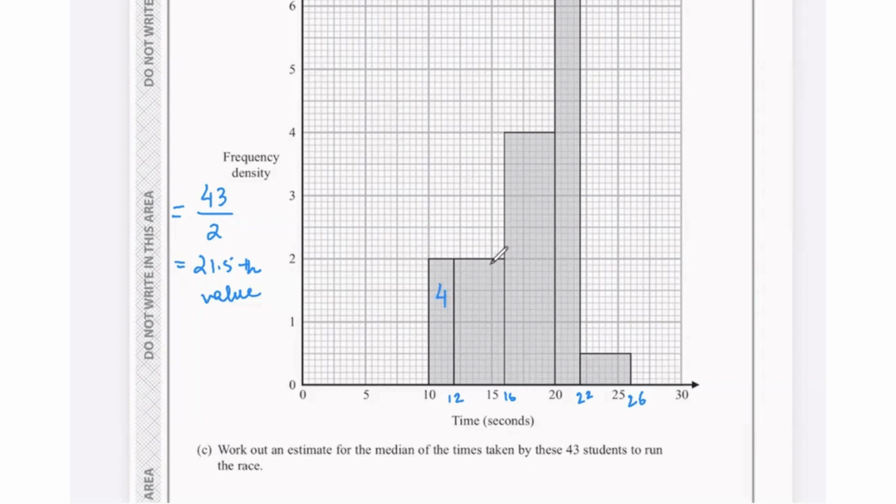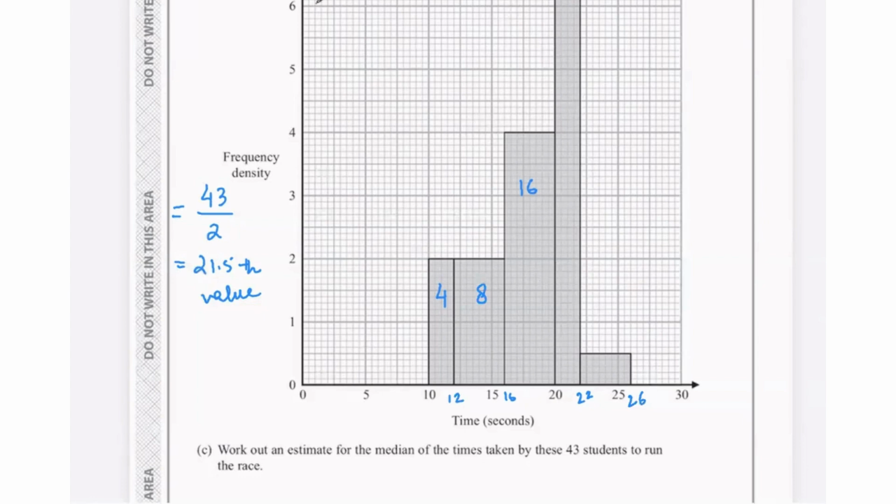Then 2 times 4, that's going to be 8. Then for this, the frequency density is 4 and the class interval is 4. So 4 times 4, 16. And over here, we have class interval as 2 and frequency density is 6.5.